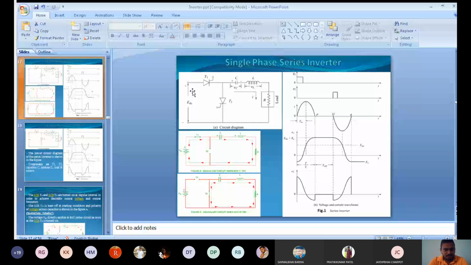Now in the same circuit, the power circuit, this is the main circuit of this series inverter. Now in this circuit we are making the SCRs on and off frequently.